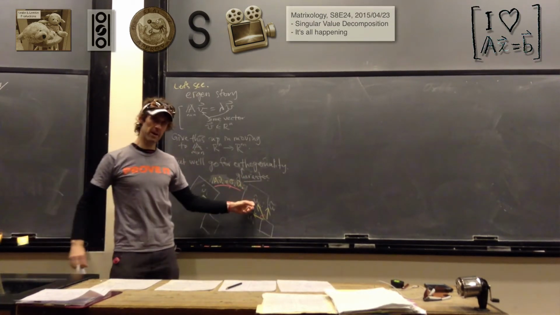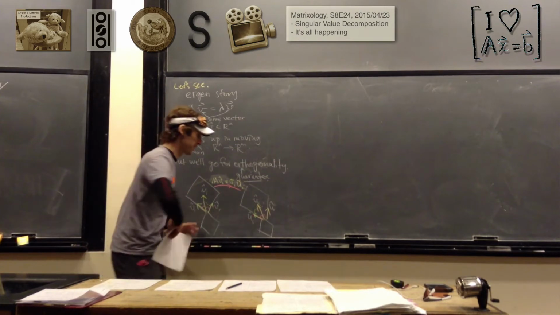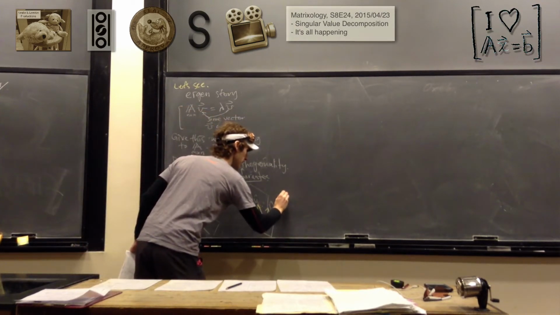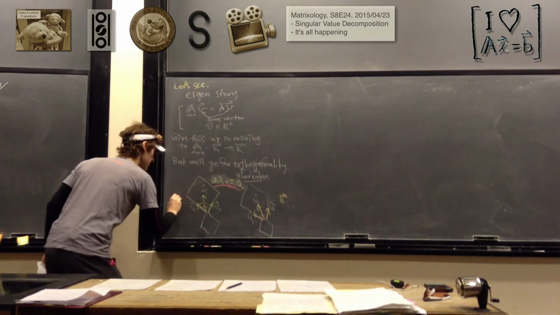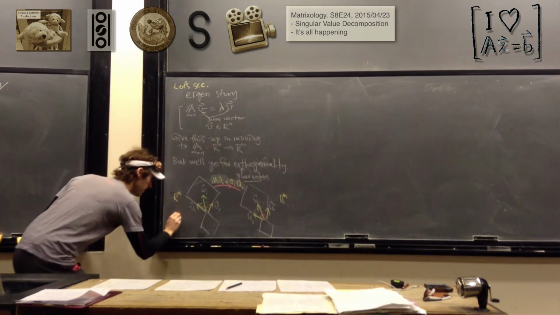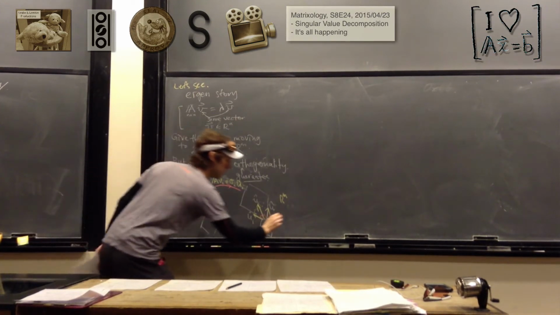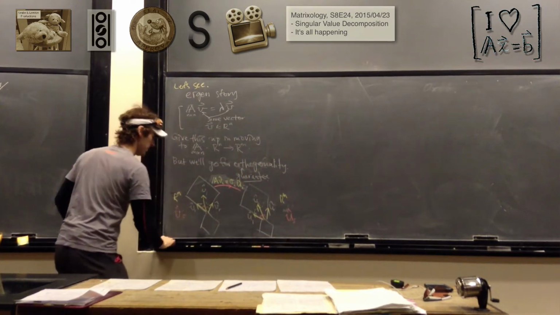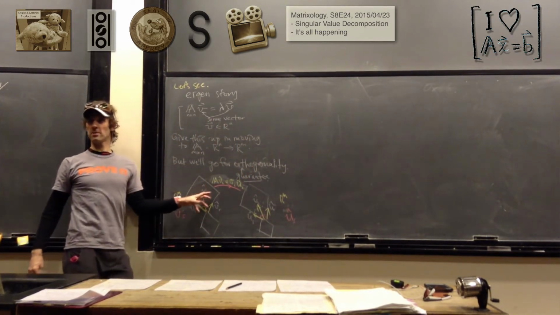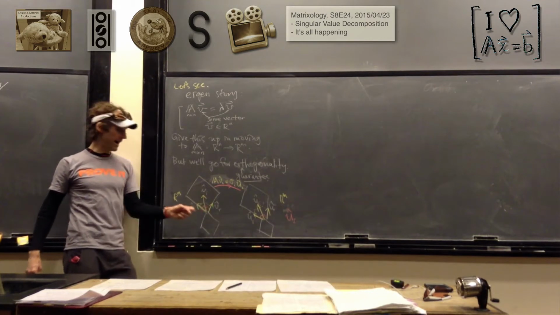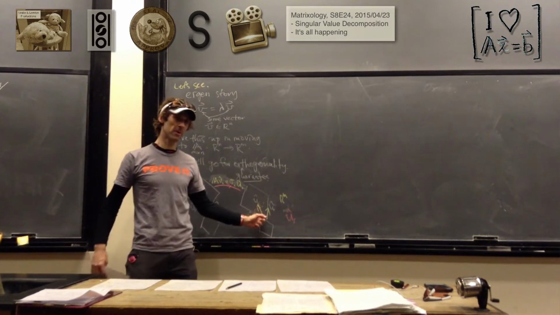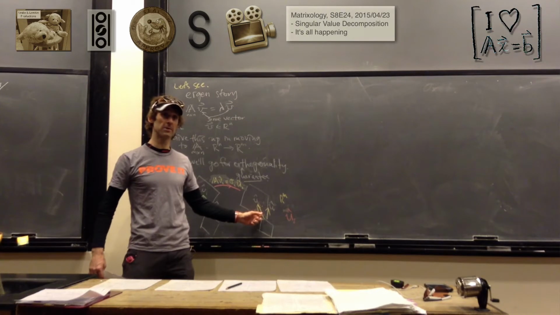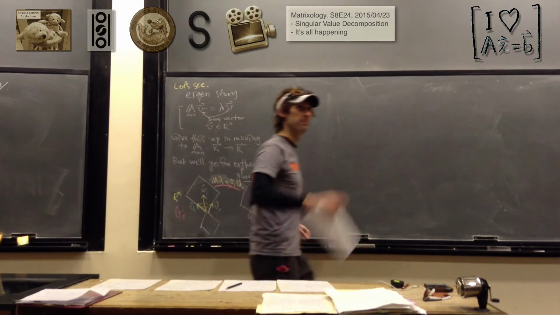The U's live over here in the column space in Rm, and this is Rn. So the V's are over here, and the U's are over here. The V's form an orthogonal basis for Rn, and the U's will form an orthonormal basis, I should say, for Rm.